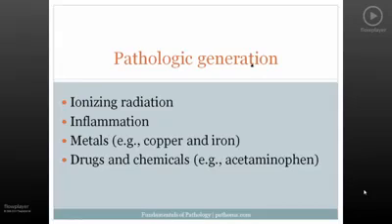All right, another example of pathologic generation of free radicals are drugs and chemicals. Acetaminophen is a very classic example, especially from pharmacology. Acetaminophen goes to the liver, it gets converted by the P450 system, and free radicals are generated in the process. The free radicals can be damaging to the tissues, and you will have learned that high dose acetaminophen can be taken by a patient who might try to commit suicide, for example, or who may overdose on acetaminophen, and that overdose causes massive liver necrosis.